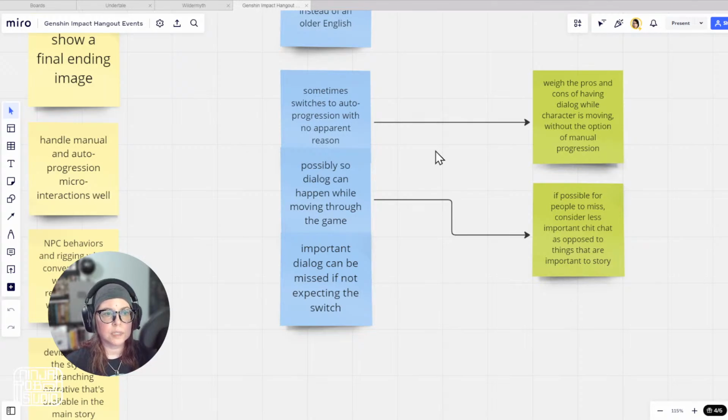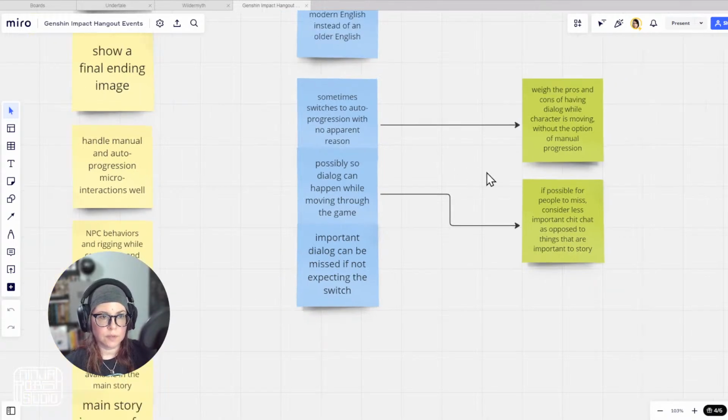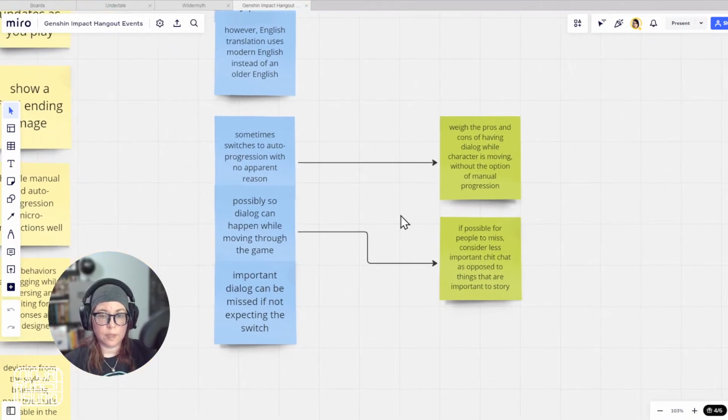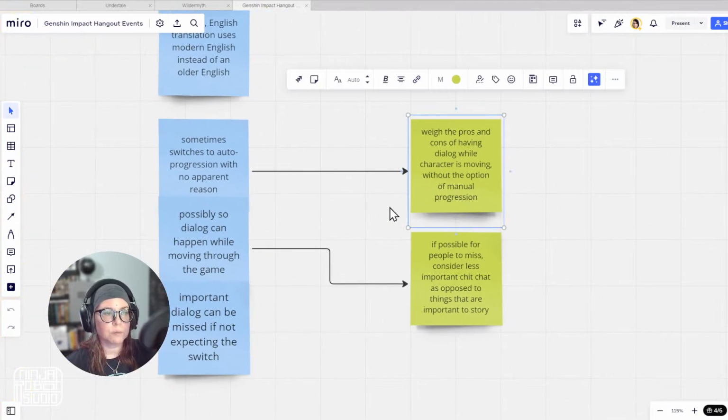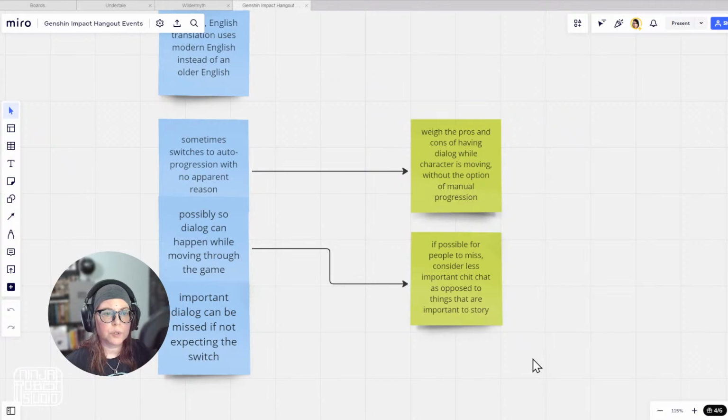But if it's important dialogue, it's going to be missed, possibly, especially if you're not expecting that switch from manual progression to auto progression, or if you're distracted by something and you're not hearing or seeing the dialogue. So you would want to weigh the pros and cons of having dialogue while the character is moving without that option of manual progression.